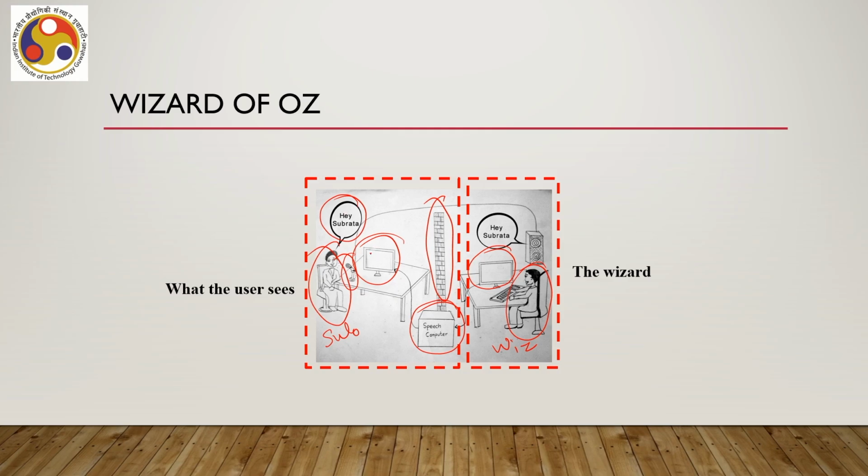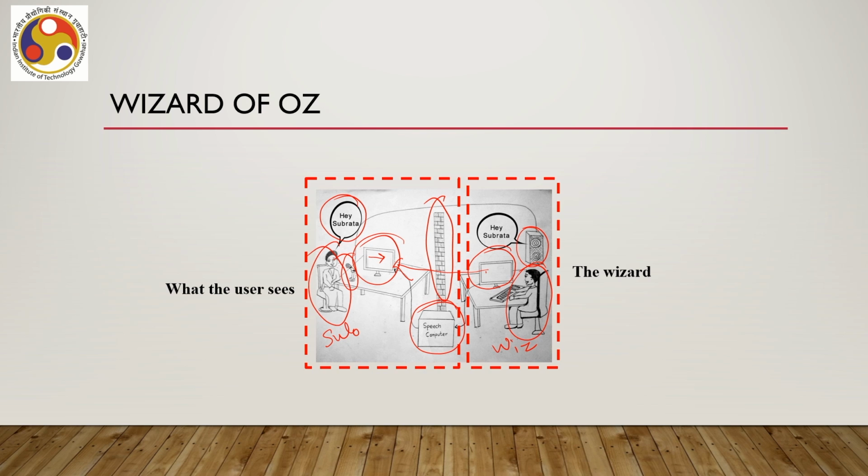So, the user says something, it appears on the screen. However, whatever the user says, the microphone is also connected to the speaker of the wizard. So, the wizard gets to hear what the subject is speaking and based on that the wizard types those characters, then that gets transmitted because these two computers are connected, and that gets displayed on the subject's computer screen, effectively letting the subject believe that whatever he has spoken has appeared on the screen.